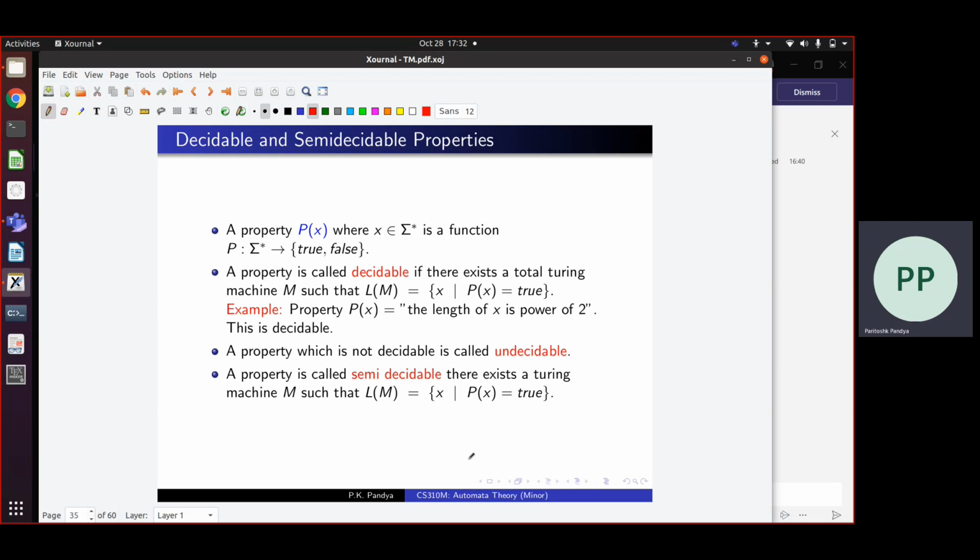It may never answer. So this is a Turing machine which for all the words which satisfy the property will answer yes, but for words for which the property does not hold, it may answer no, or it may just keep searching for the answer and not finish. So these kinds of properties are said to be semi-decidable.